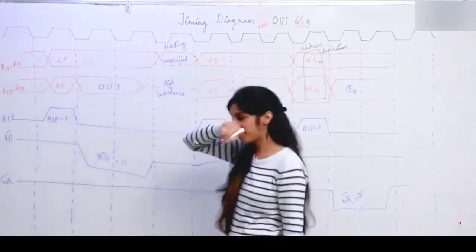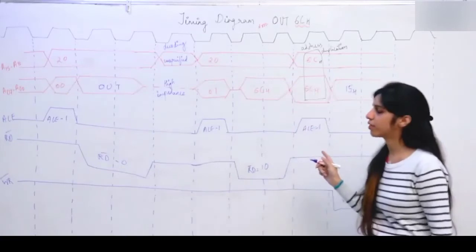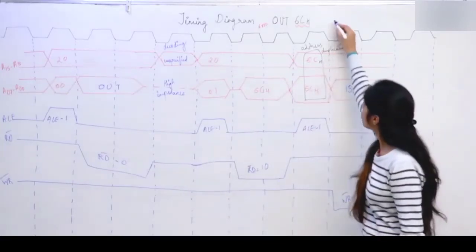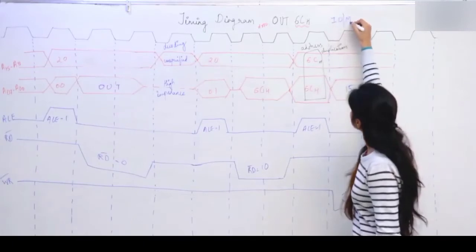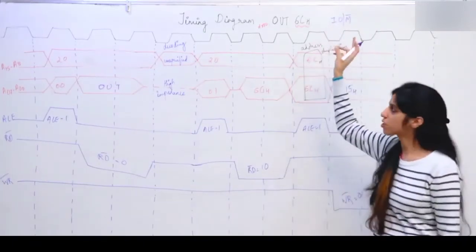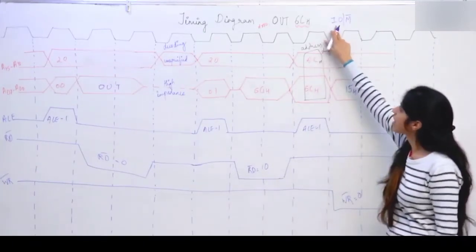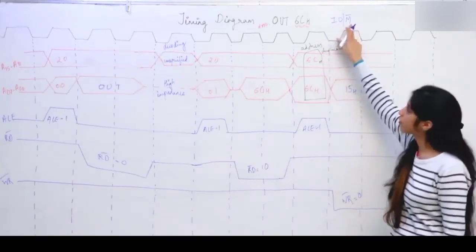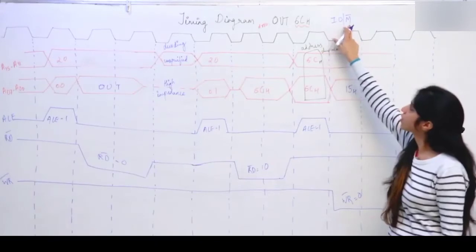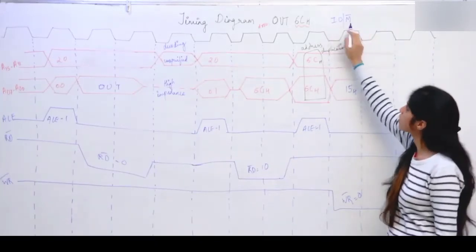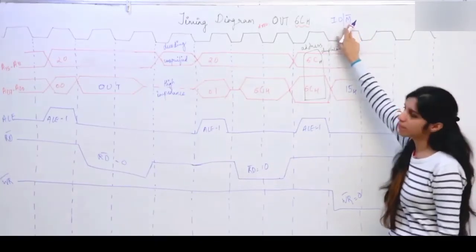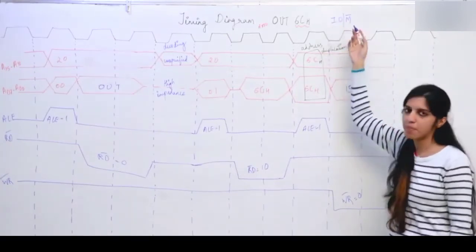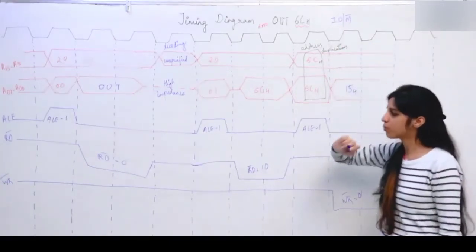Then when we looked at the architecture of 8085, you might remember we had a pin known as IO/M bar. What is the function of this pin? This pin selects whether we are working with the input output devices or with the memory. If the status of this pin is 0, then the memory is active, that is you are working with the memory. If this IO/M bar pin is 1, you are working with the input output.